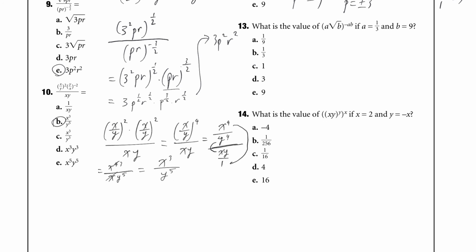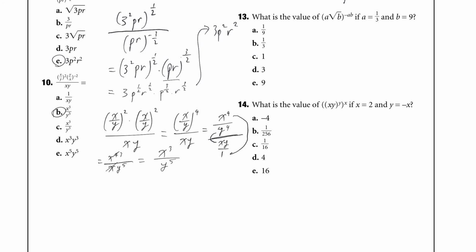Moving on to question number 13. What is the value of a times square root of b to the power of -ab if a is 1/3 and b is 9? So let's just plug it in, because I think some of this can be reduced. And so all I'm doing is plugging in the values of a and b.